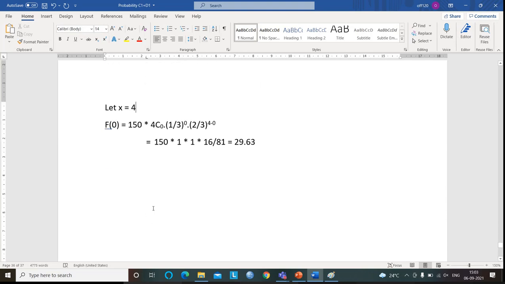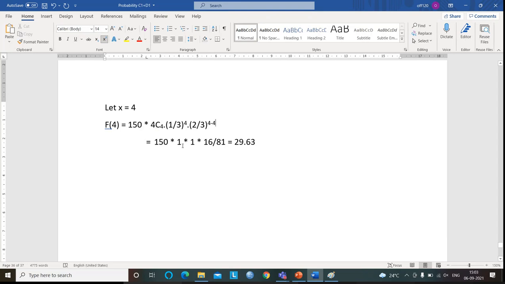Why only maximum 4? Because in the column of x we have maximum value of only 4. Let us suppose if it is ranging up to 10, we have to substitute up to 10 values. Okay, and finally this is 4 minus 4.